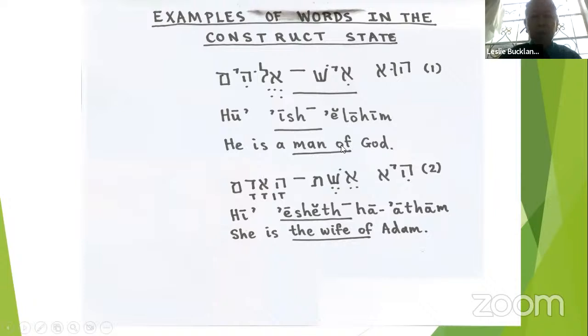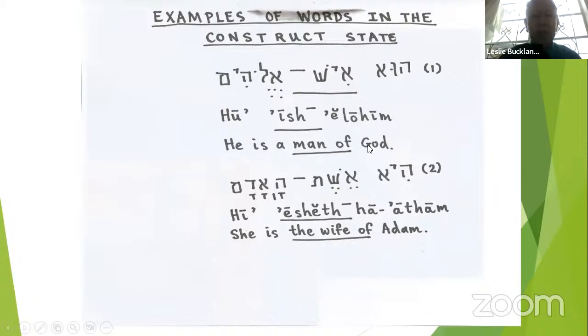So when you have one or two words added to the noun, it puts the same noun that was in the absolute state into a new state called the construct state, often recognized by the noun being connected by a horizontal line to another noun. And this other noun, God, of God, is telling us what kind of relationship this man has with God.